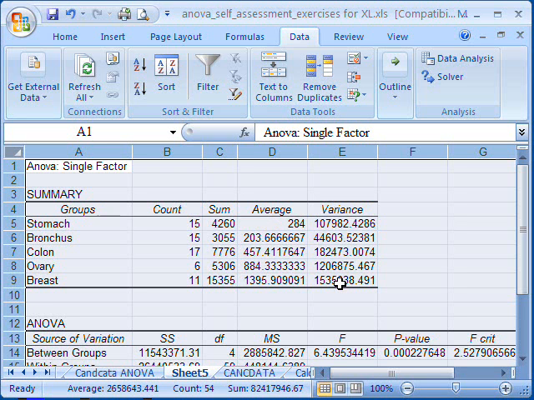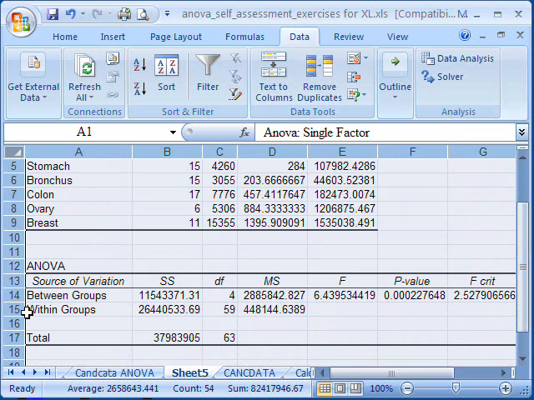What analysis of variance does is it actually compares the average values in comparison to the grand mean for the whole of the experiment, and compares those to the amount of variability which is associated with each of the different cancers.